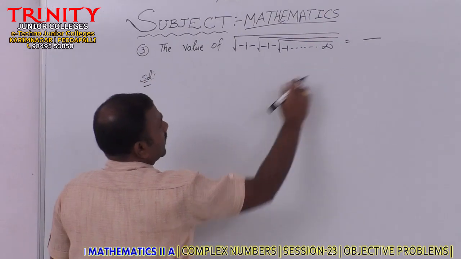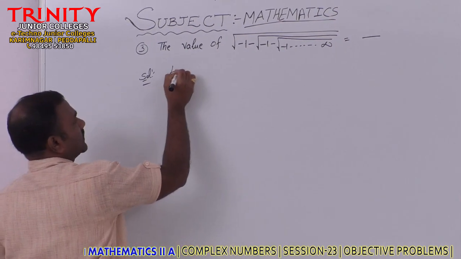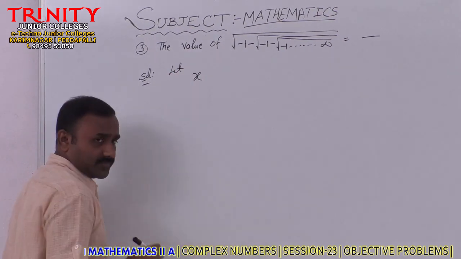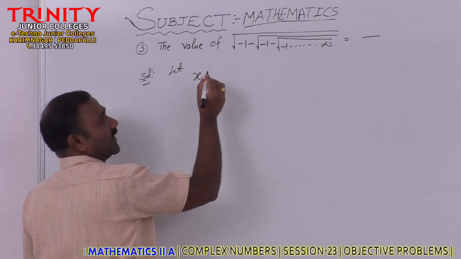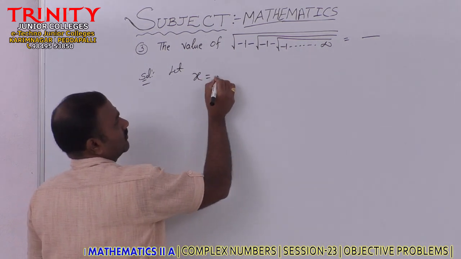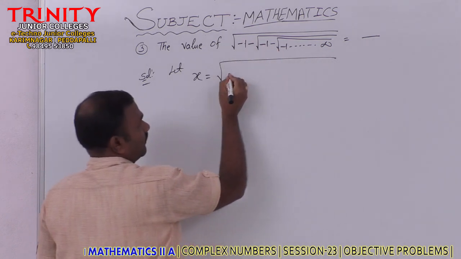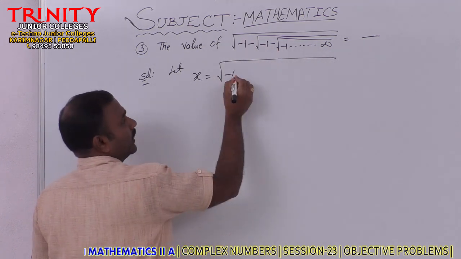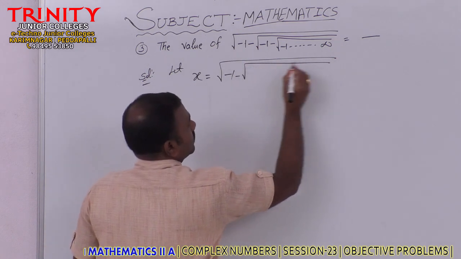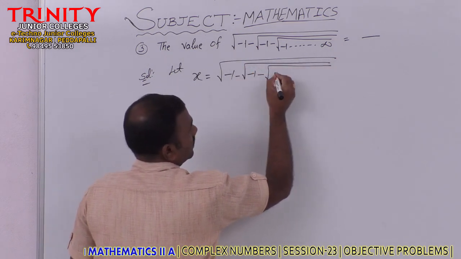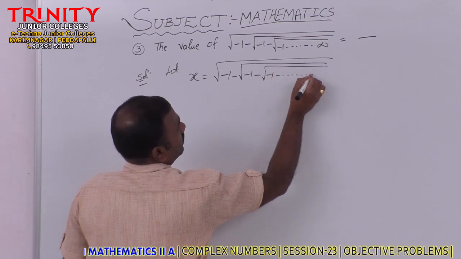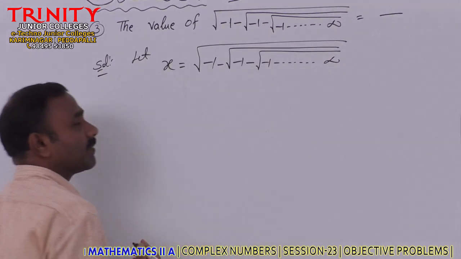Let us take this unknown value as some x or some z, whatever it may be. x is equal to under root minus 1 minus under root minus 1 minus under root minus 1 and so on up to infinity.